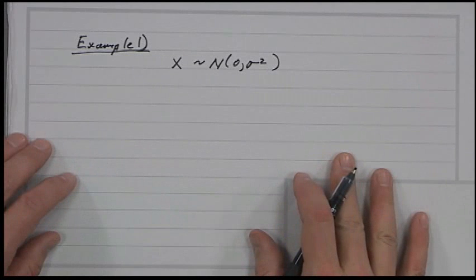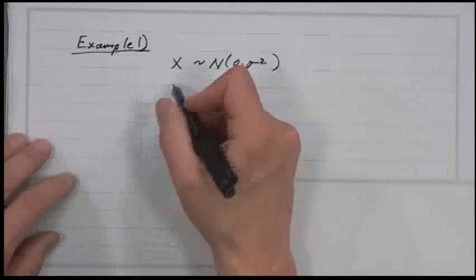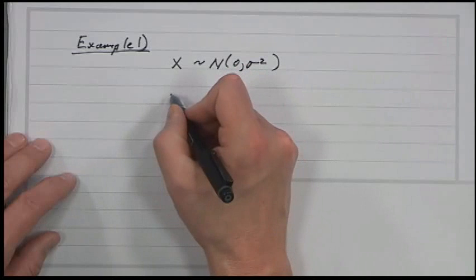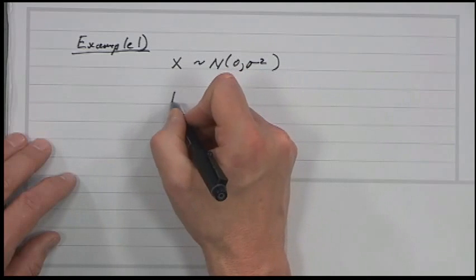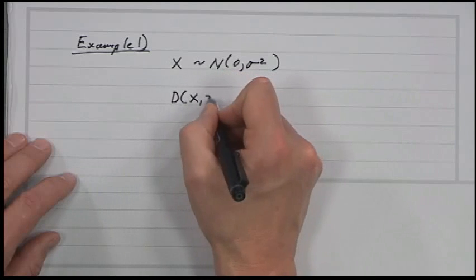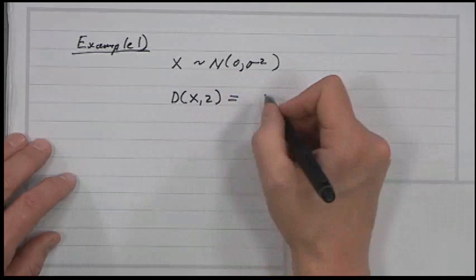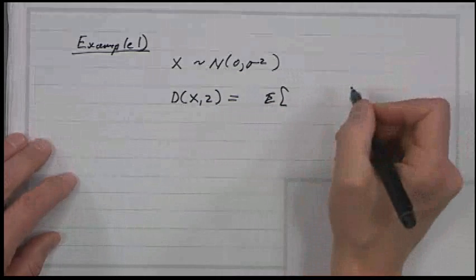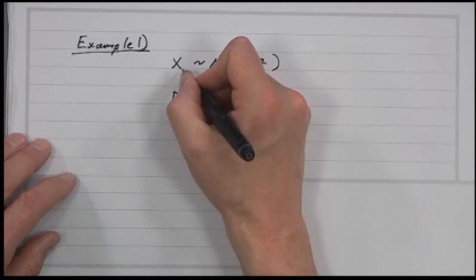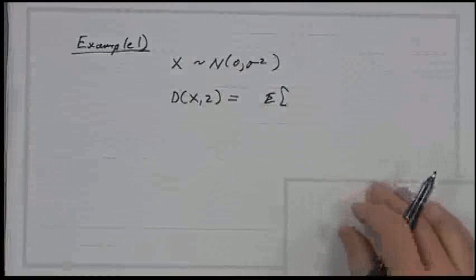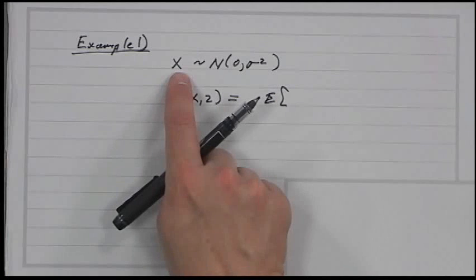Okay, so we take the distortion d of x, z to be equal to the expected value. The rate distortion only requires a single random variable here.